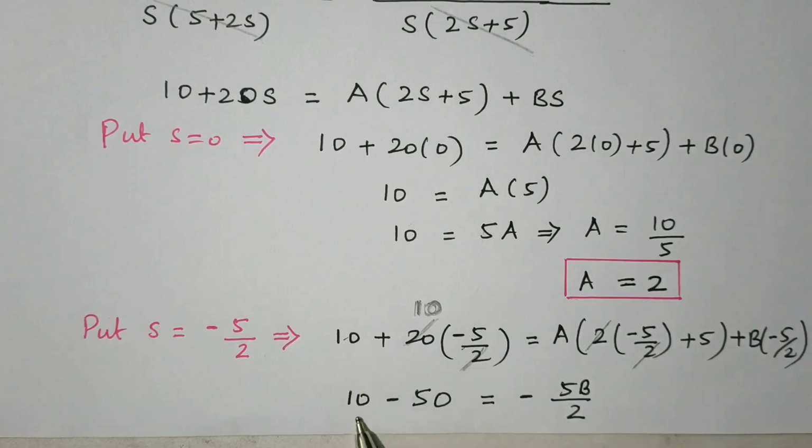So 10 minus, here 20 divided by 2 is 10, 10 into 5, 50. The 2 got cancelled, minus 5, here plus 5, so totally this term becomes 0. Here minus 5B by 2. Right? So 10 minus 50 equal to minus 5B by 2. Now we can go for the further simplification.